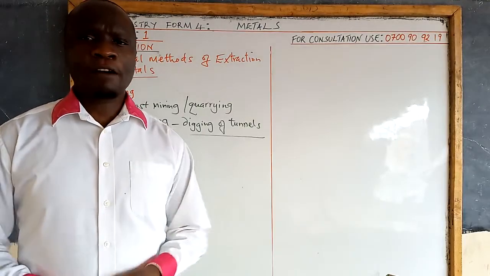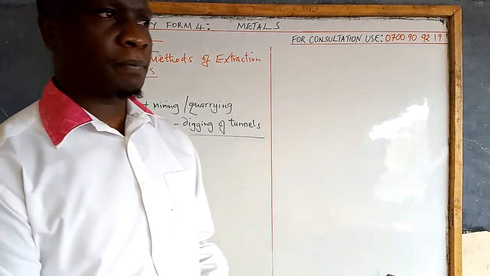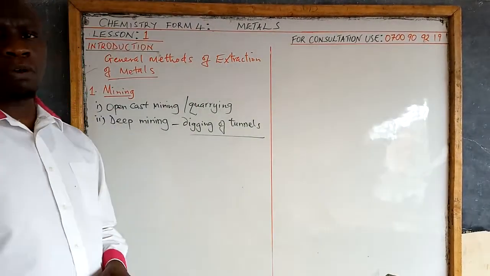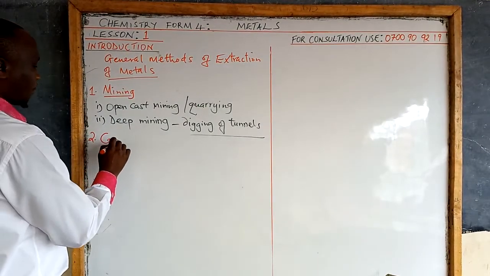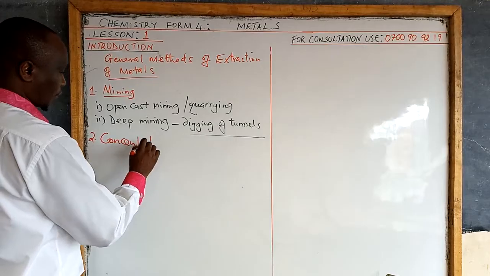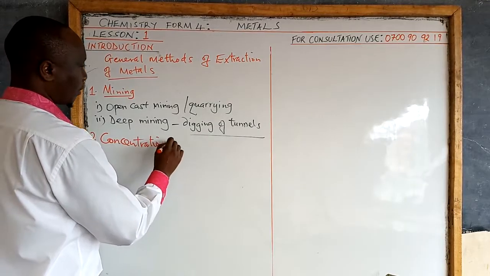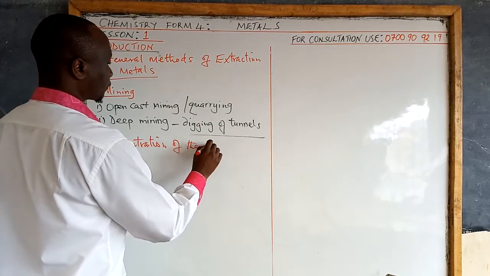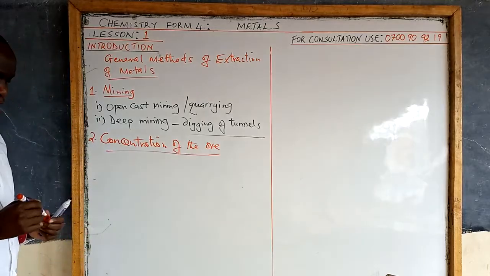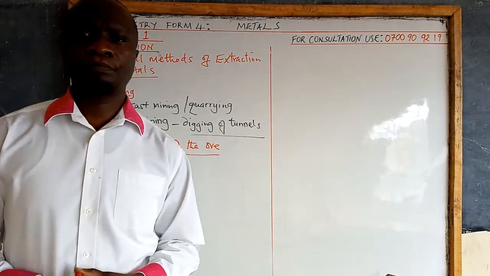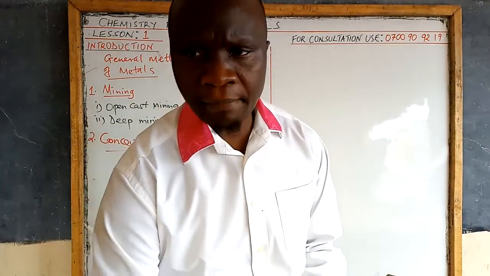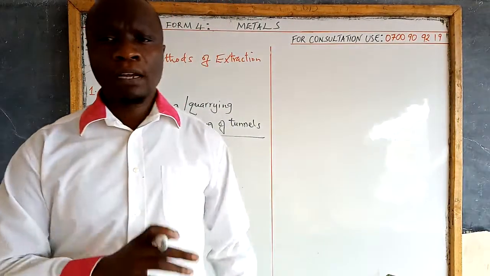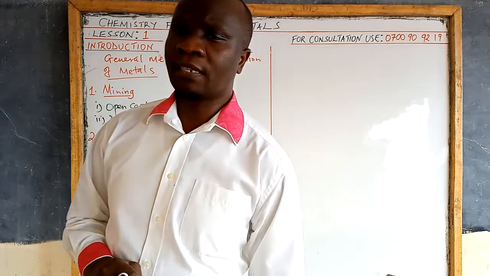So once you have mined, the second step after obtaining the metal ore is what we call concentration of the ore. There are a number of steps involved in the process of concentrating the ore.